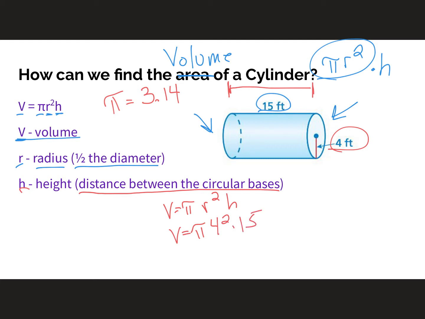Well, 4 squared is 16. So I'm going to do 16 times 15, which gives me 240, times pi, which is 3.14. And when I put that in, I get a volume of 753.6 cubic feet. We write that as feet cubed.